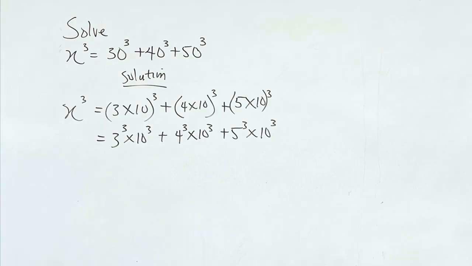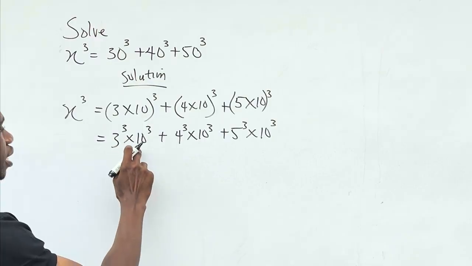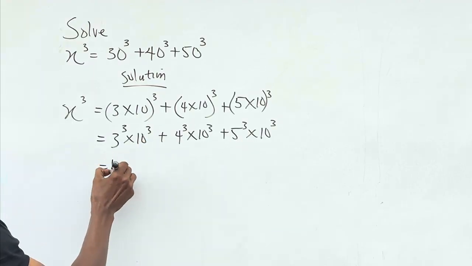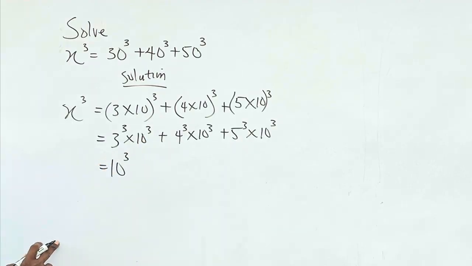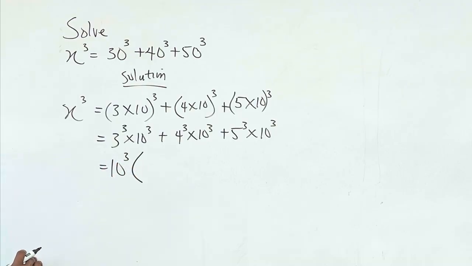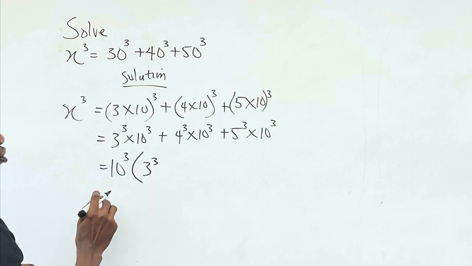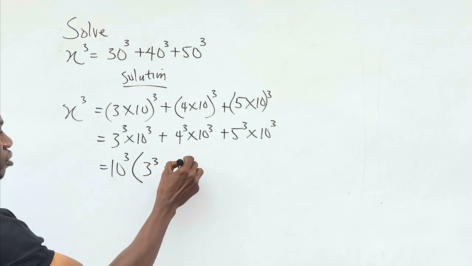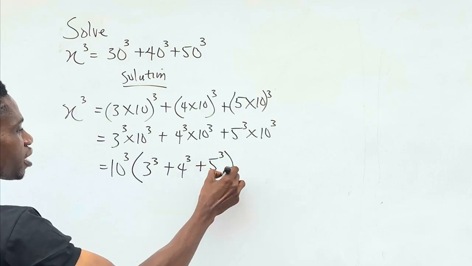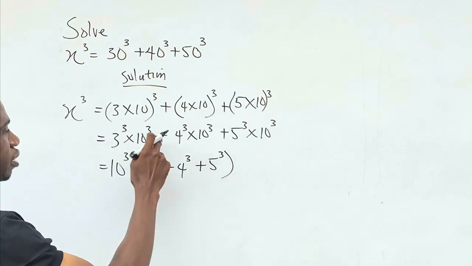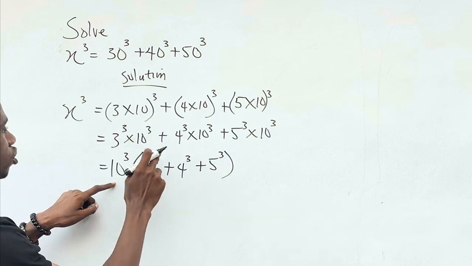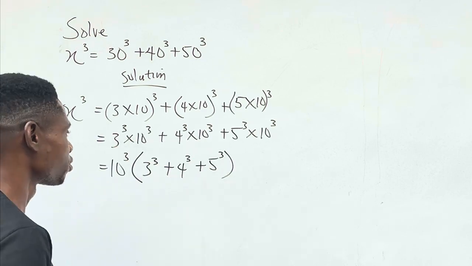Okay, so from this now 10 cubed is common to all three, so we can bring out 10 cubed, and here we'll have 3 cubed plus 4 cubed plus 5 cubed. So we just factorized, so 10 cubed is common, then we'll have 3 cubed, 4 cubed and 5 cubed.